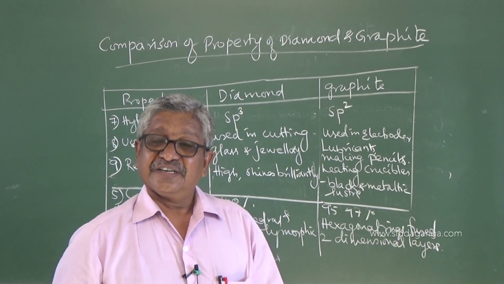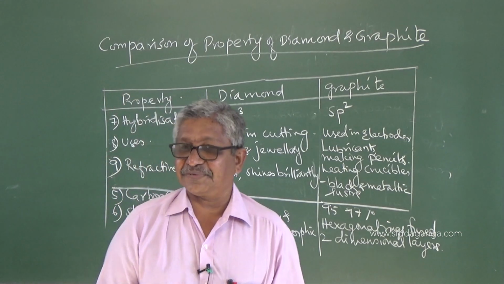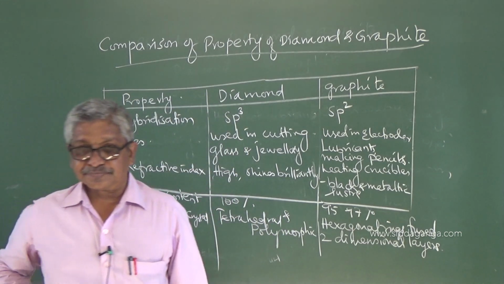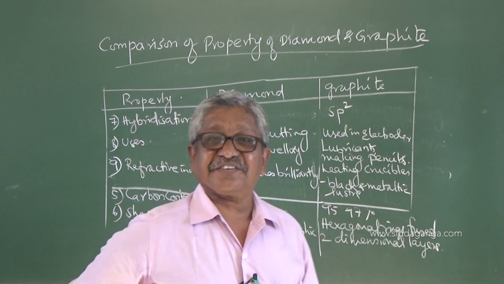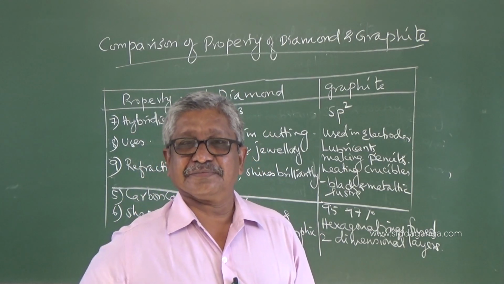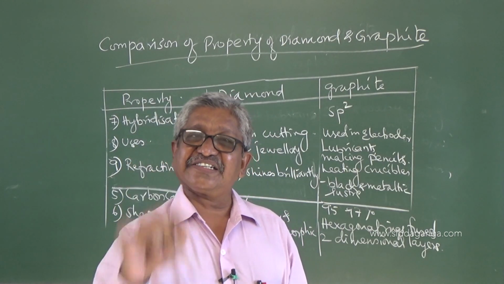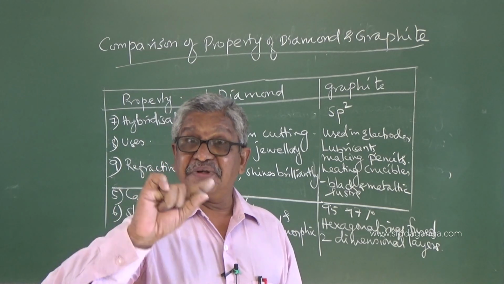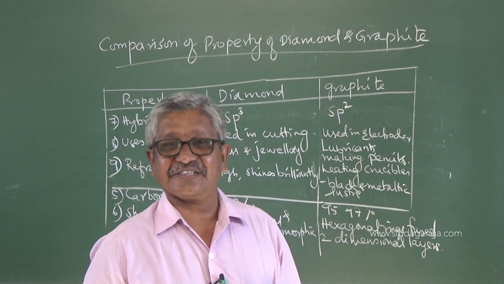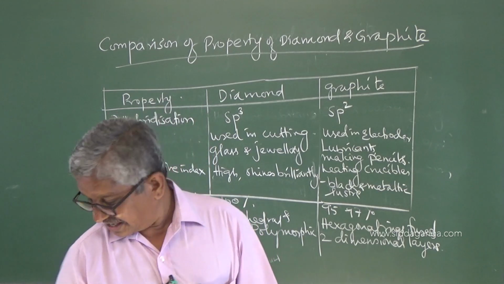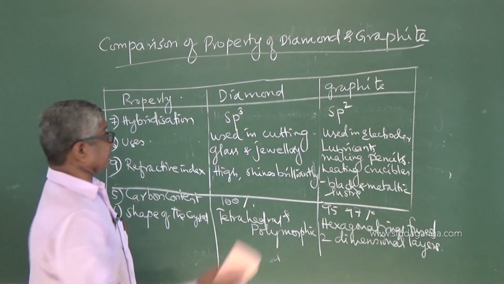Next, crystalline substance of carbon. Along with the diamond and the graphite, there is another crystalline substance made from graphite, fullerene.